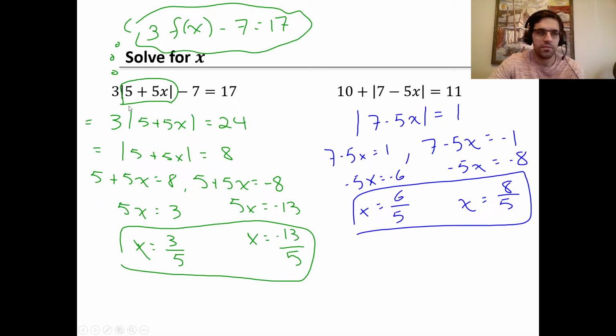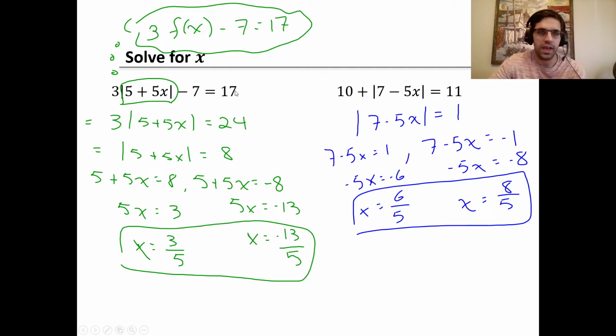If we have an absolute value function and outside of that function there are some more operations going on, then what we want to do first is solve for the absolute value function. We could think of this absolute value function as being f of x. We'd have 3 times f of x minus 7 equals 17. The first thing we want to do is get the function f of x by itself.